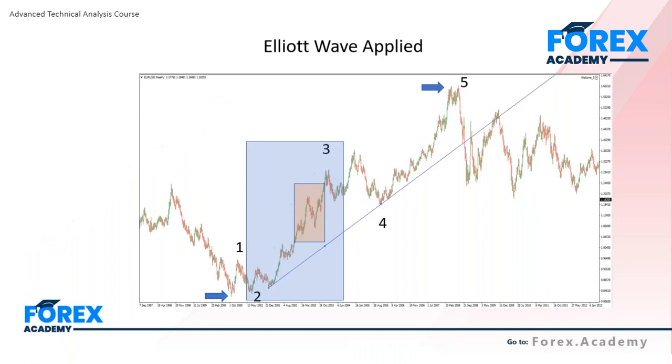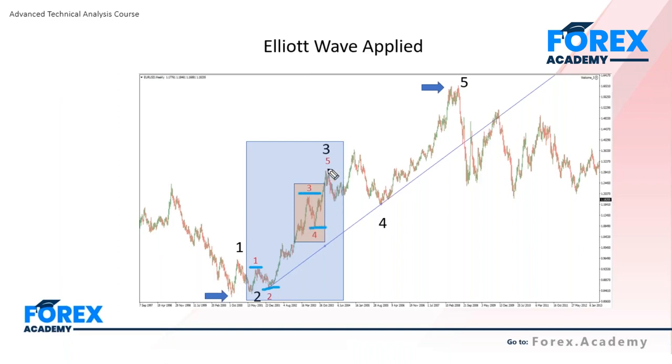Now remember that we have impulse wave 1, impulse wave 3, and impulse wave 5. If we look, for example, at activity in wave 3, you can clearly see that we can identify wave 1, wave 2, wave 3, wave 4, and wave 5.